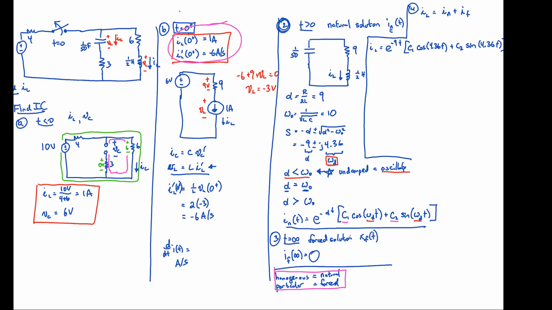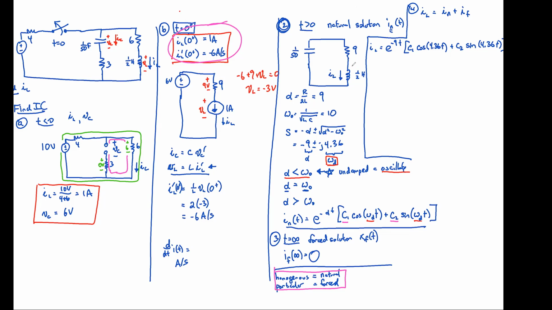Don't do that. Leave these coefficients in there until you can add your forced solution, which in this case is 0, so it works out to be the same. But in general, do not find your coefficients for your natural solution. These coefficients could be anything, and it will still be a match for what this circuit does for time greater than 0 for different cases of this having non-zero initial conditions.